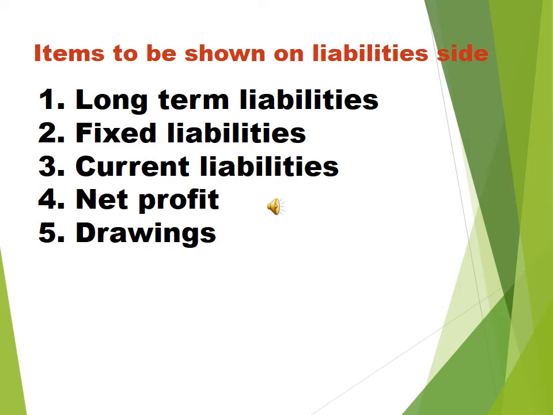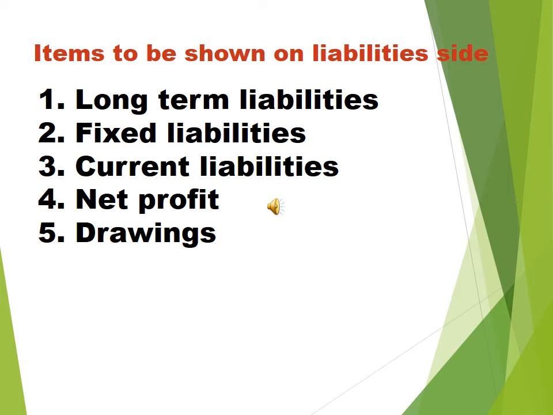Now let us learn the items to be shown on the liability side. There are 5 things that should be shown only on the liability side. They are long-term liabilities, fixed liabilities, current liabilities, net profit and drawings.